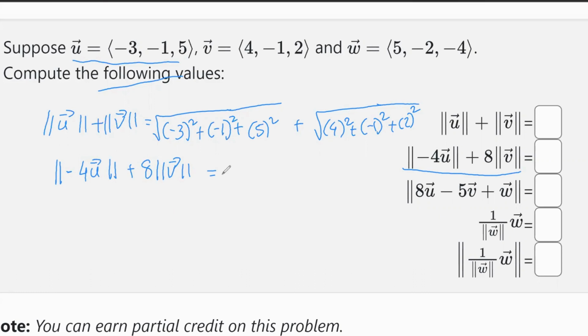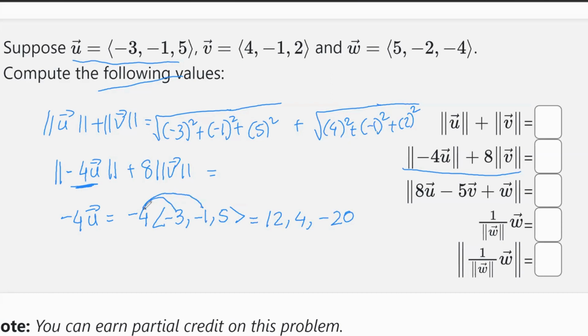To do this, first you have to do the inside part before you take the norm. Before you do the norm, you have to do -4u. So what is my -4u? -4 times -3, -1, 5 is going to be 12, 4, -20, when I multiply each of the components by -4. Now I take the norm of this one.